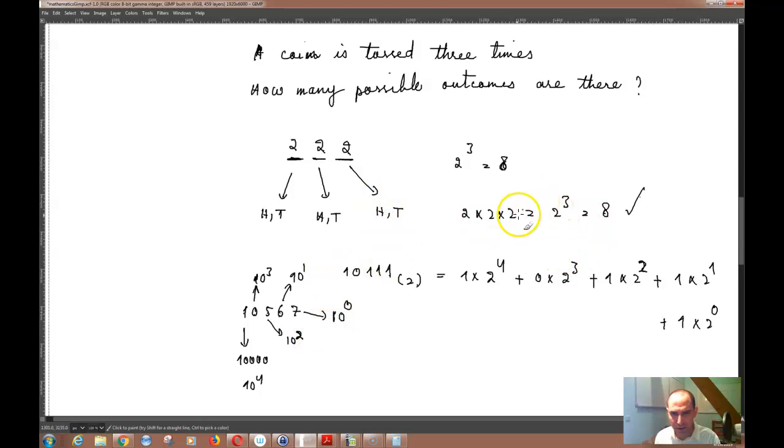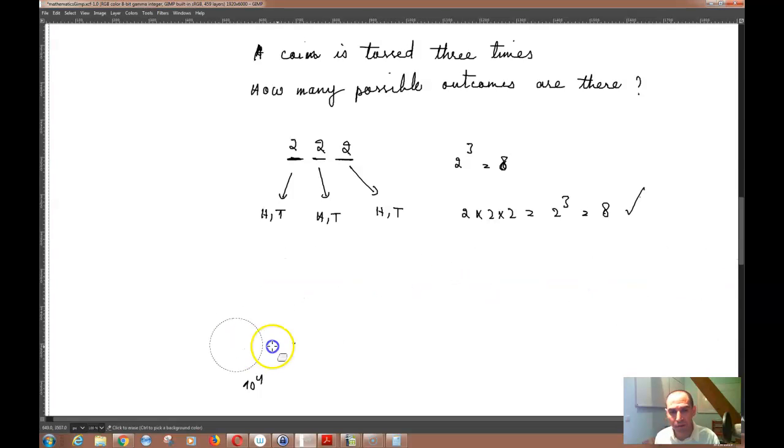Now, this is something different, and I'm not going to confuse ourselves, but that is basically why you get 8 different outcomes as a result of tossing the coin 3 times, and the answer to number 5 is 8 outcomes.